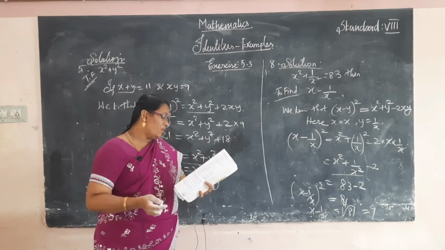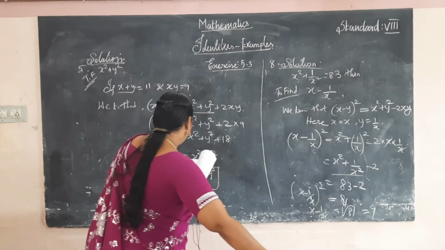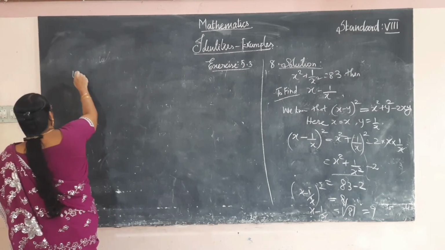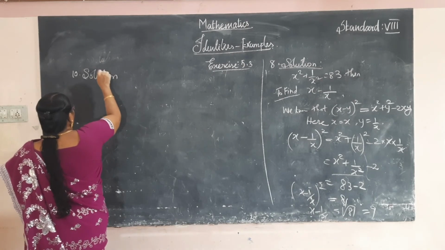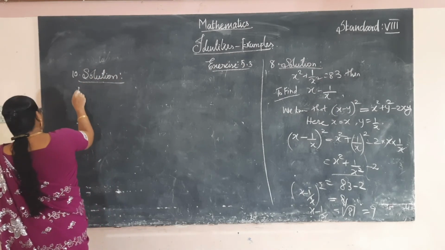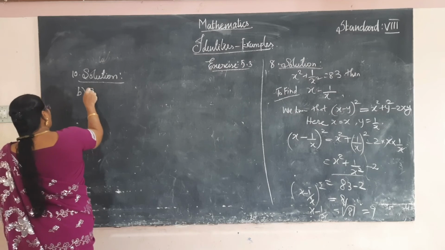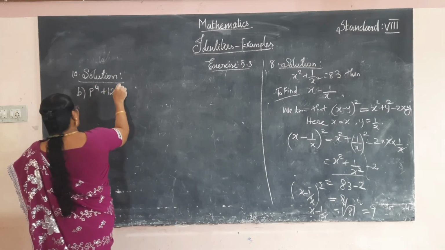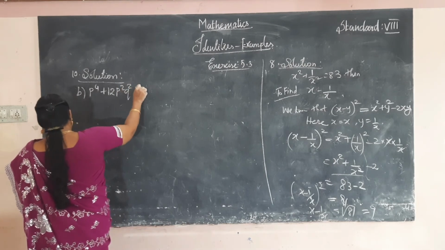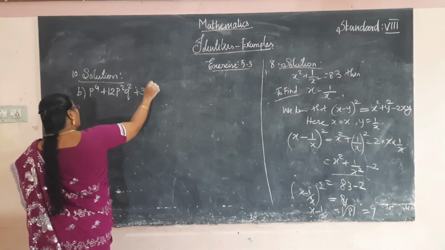The first one is homework. Second problem, B problem. The given data, p power 4 plus 12p squared q squared plus 36 q power 4.